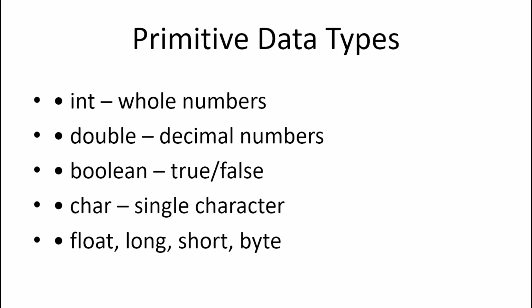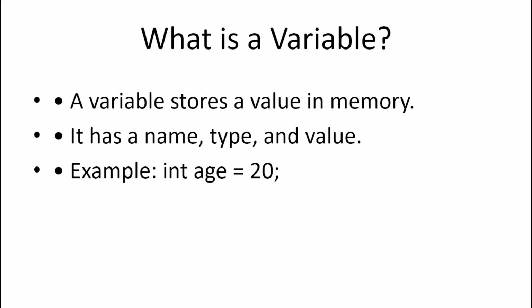Now we are declaring variables in Java. Every variable must have a type. The type tells the computer what kind of data will be stored. In int age equals 20, this kind of data will be stored in the integer data type.